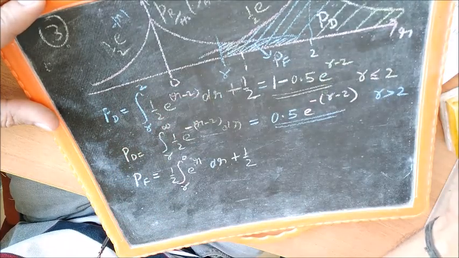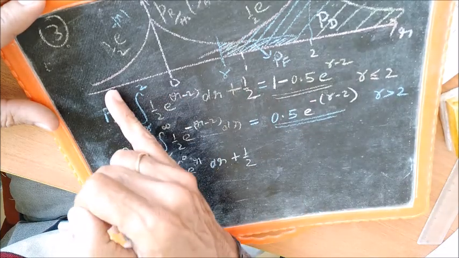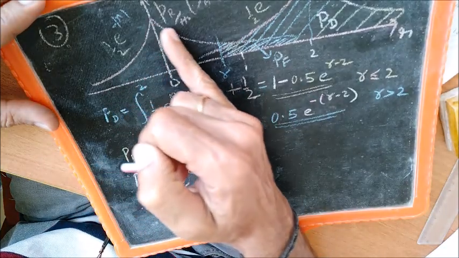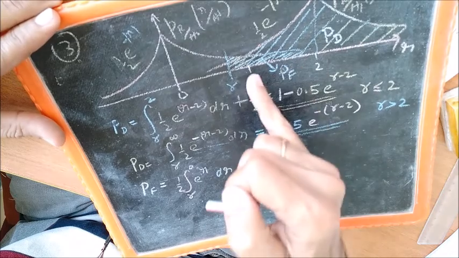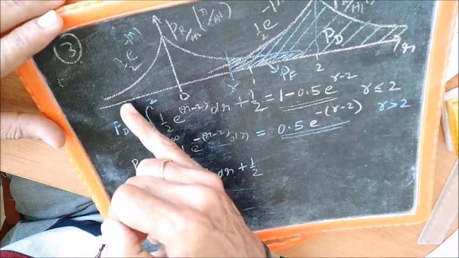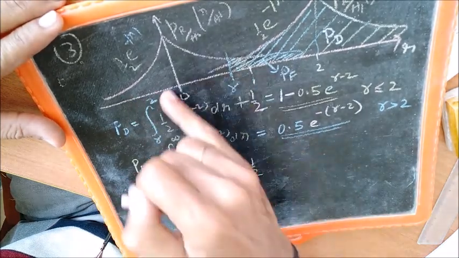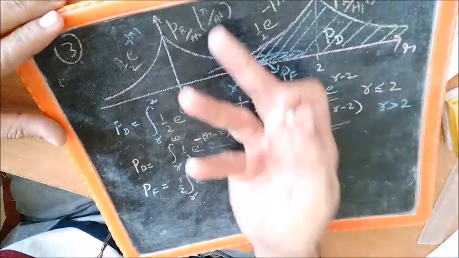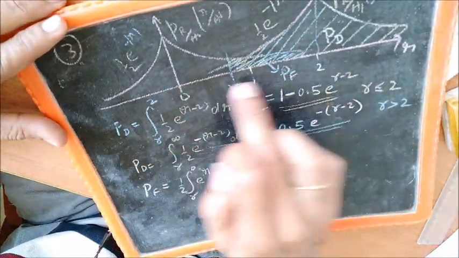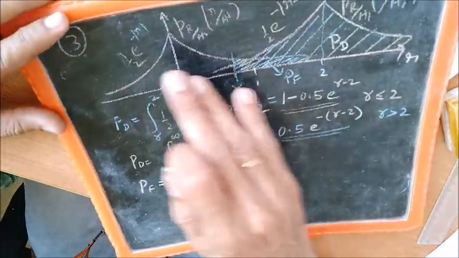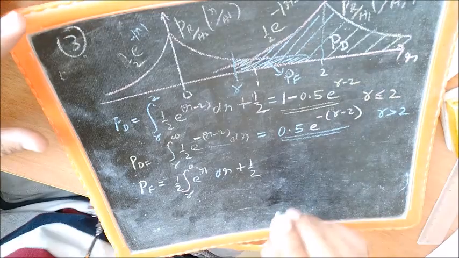So remember, when gamma is somewhere here, the probability of false alarm is this area. So when gamma is less than 0, we have to integrate from gamma to 0 and then from 0 to infinity. 0 to infinity will anyhow be 1 by 2 because you are integrating half of the density function. The result will be 1 by 2.